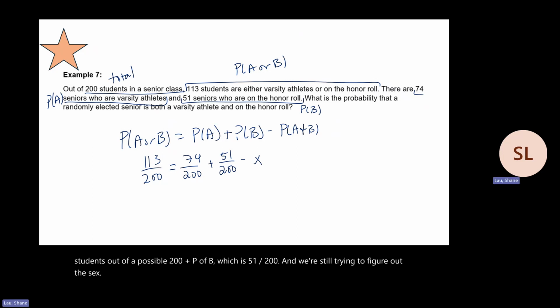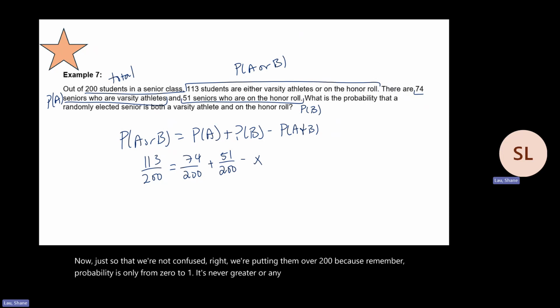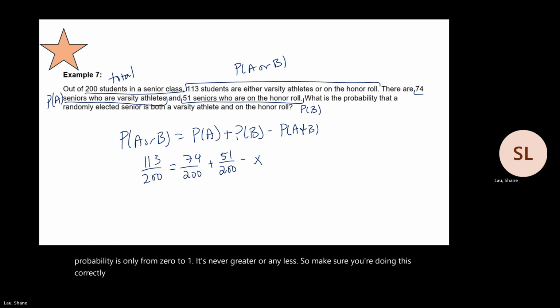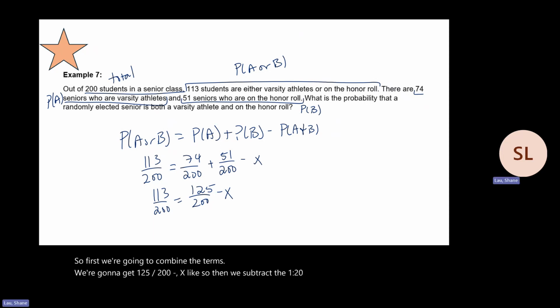Now, just so that we're not confused, we're putting them over 200 because remember, probability is only from 0 to 1. It's never greater or any less. So make sure you're doing this correctly. First, we're going to combine like terms. We're going to get 125 over 200 minus X. Then we're going to subtract the 125 over 200 on both sides.